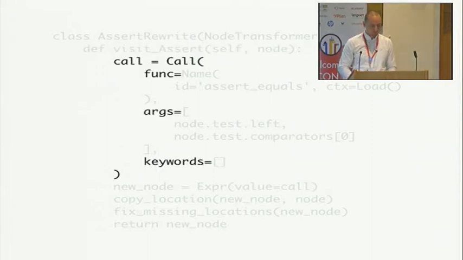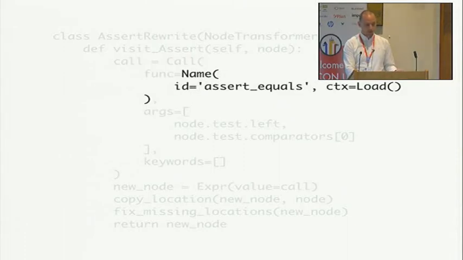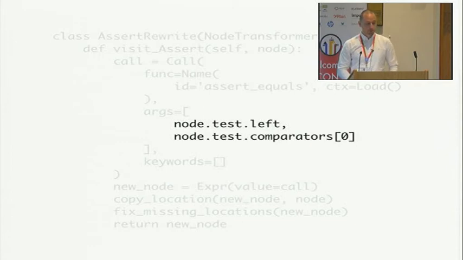First thing we need to do here is to build the node for the function call, so that's what we're doing. We have our function, arguments and keyword arguments. Keyword arguments, we're not interested in that. The function node is Name, assert_equals. The Load there is significant, it's just there to say that we're loading the variable and not storing it. The arguments for this function are the left-hand side of our assert test node and the right-hand side of our assert test node.